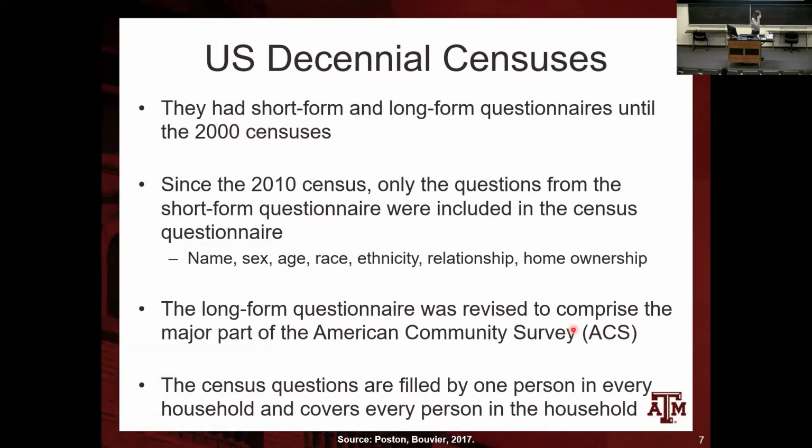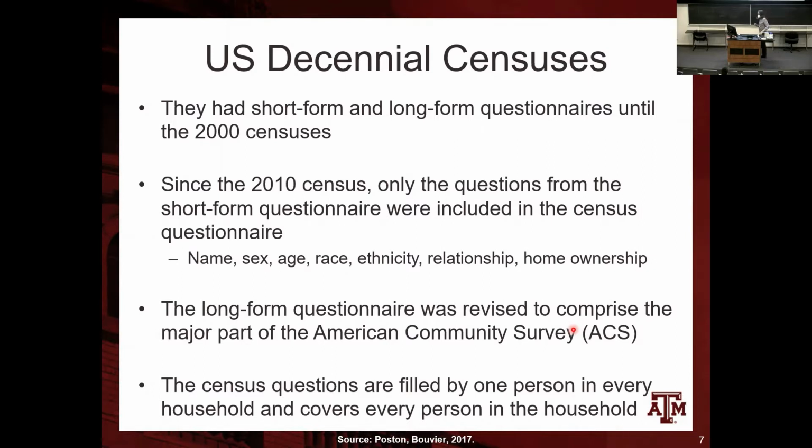The US census, what is called the US decennial census that happens every 10 years, up to the year 2000, had a short form and a long form, right? The short form had really few questions, asked of all people within all the households in the US, right?